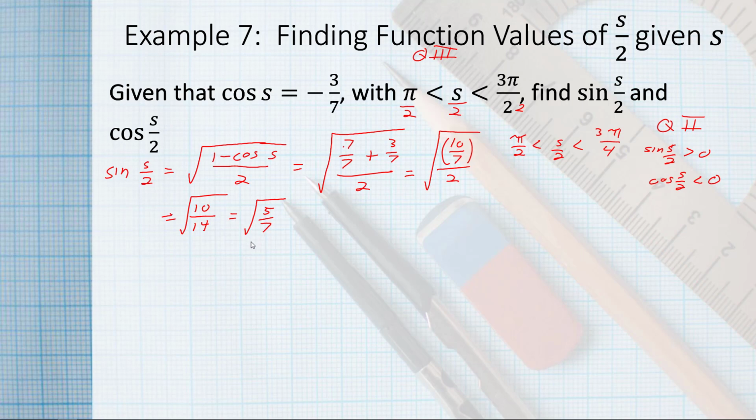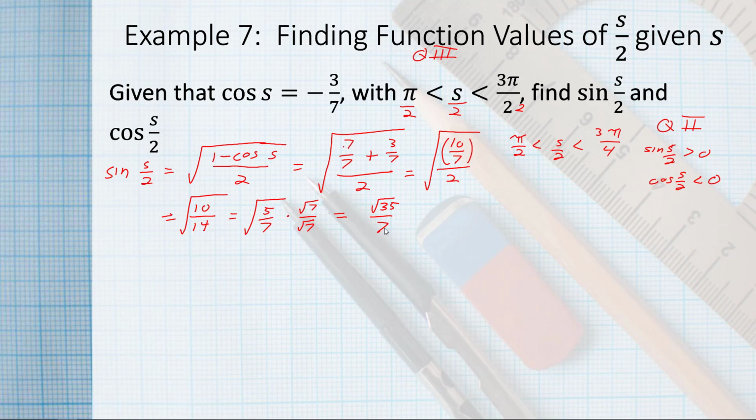Now notice that we have a radical in the denominator. We need to rationalize that. We can do that by multiplying this by 1, or more specifically the square root of 7 over the square root of 7. And if we do, we will have the square root of 5 times 7, which is the square root of 35, divided by 7, and that is our answer.